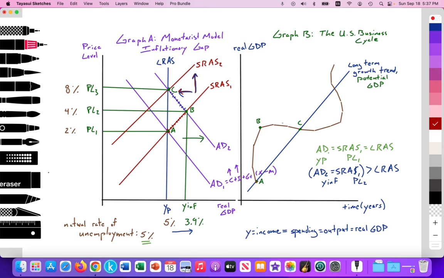Here we're on the downtrend of the inflationary gap until we reach the new long-run equilibrium at point C. Just make a note, AD2 at the end equals SRAS2, which is equal to LRAS. All right, we have the new price level at PL3 with real GDP back at YP. So here we can see the connection between A, B, and C, the inflationary gap and the inflationary gap on the business cycle. In the next video, we'll look at what's to come, what will happen in 2023.